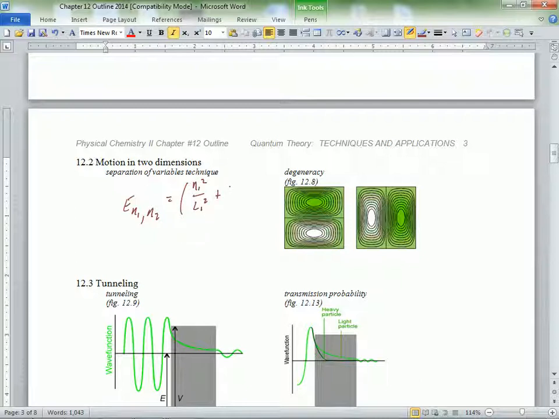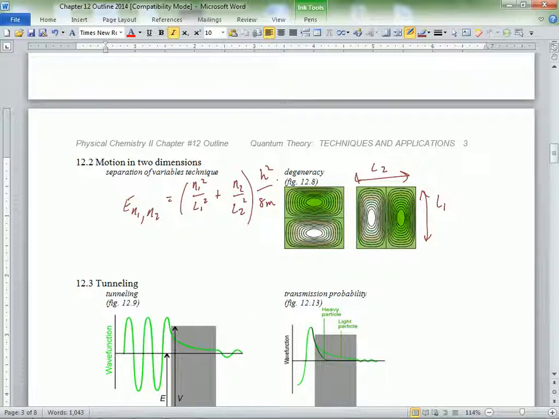So there's two dimensions, L1 and L2. Now you actually do have a square that it has to be in. And what is it times? h squared over 8m.